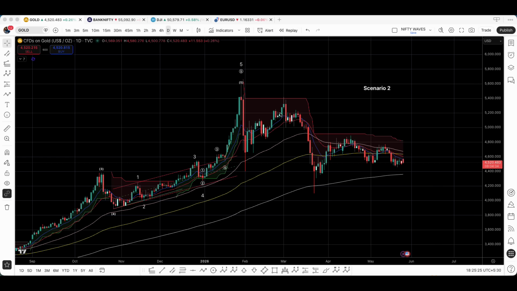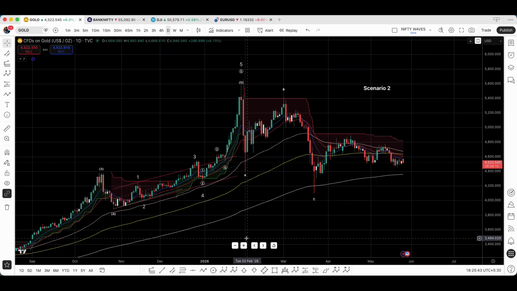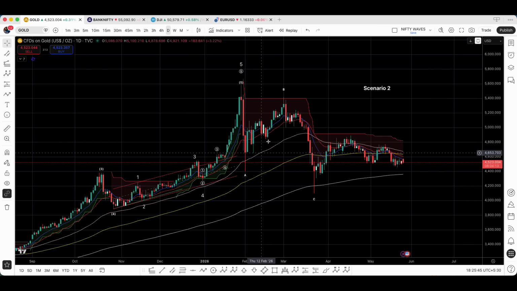In this scenario, as you can see, we've come down in 3 here in an ABC, which on an overall structure, if you were to ask me, considering the size of the rally before this correction, is most probably going to be a complex correction.